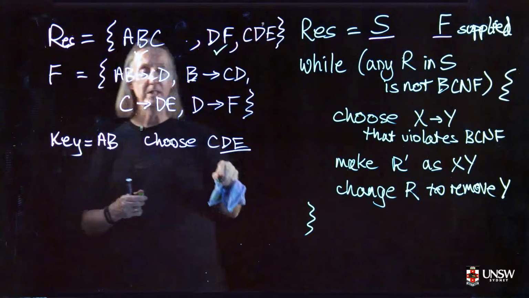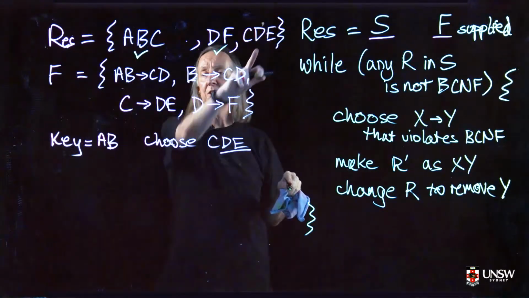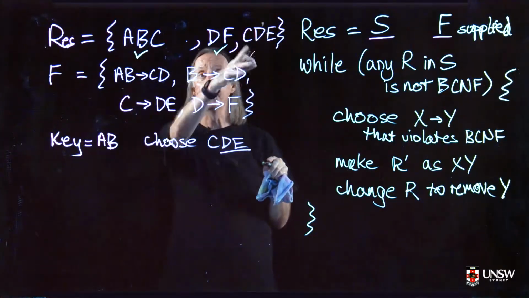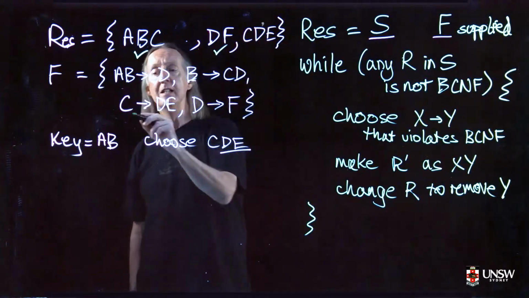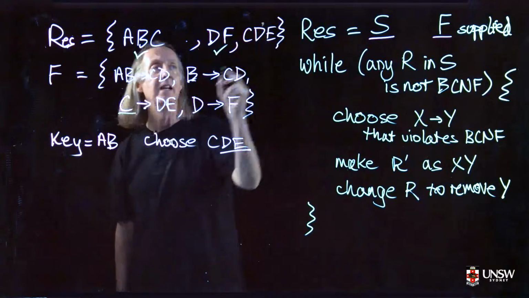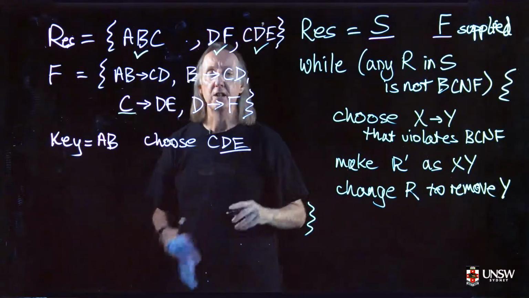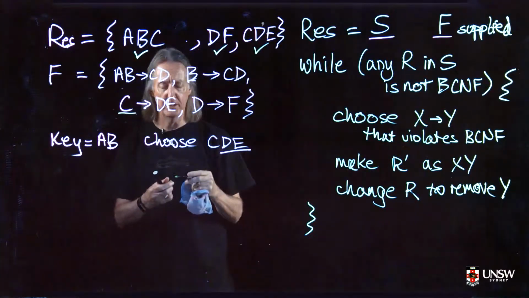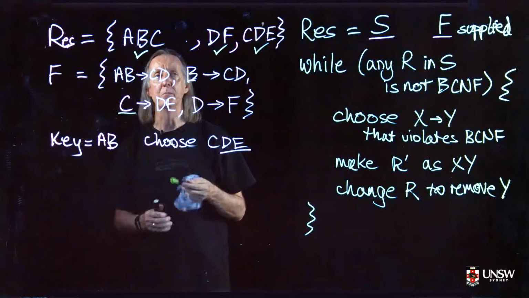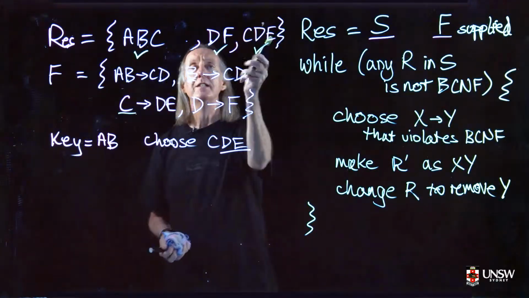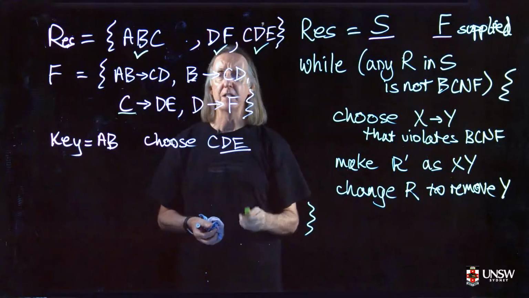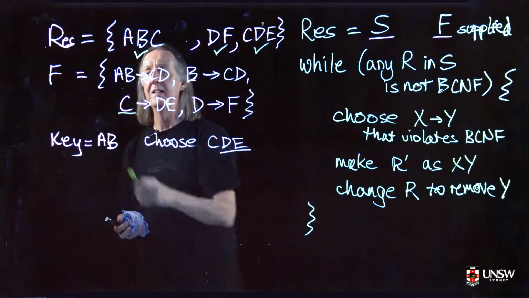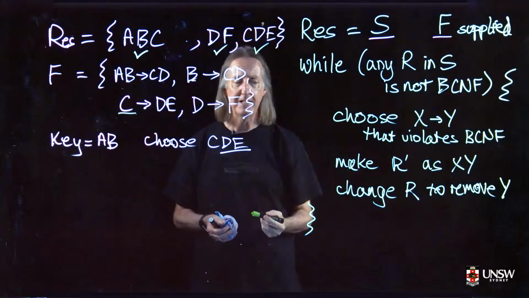Now this is in BCNF, and the dependency that's relevant to this is the one that we used to create the table in the first place. The key is clearly C, and that's the only dependency that's relevant, and therefore that's also in BCNF. So this gives us the BCNF decomposition of our original schema under this set of functional dependencies.